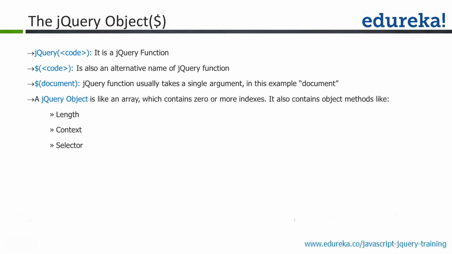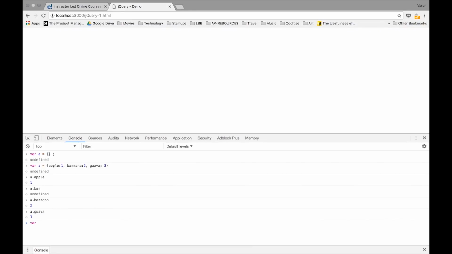So if I was to show it to you again, you can consider it like this, where dollar is equal to, right? Now I can say dollar dot a equal to 3. And if I print dollar, then it's an object. So dollar is a valid identifier or a variable name in JavaScript in general.